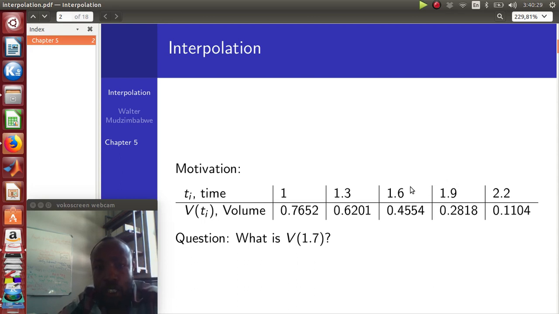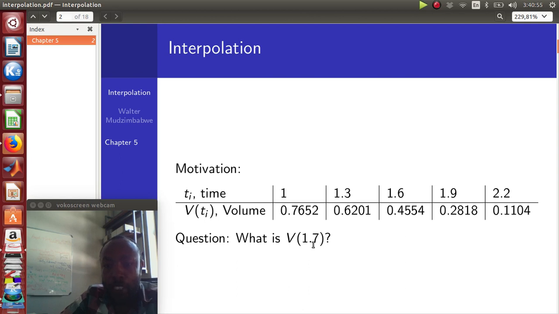We also have to make a distinction between interpolation and extrapolation. With interpolation, the point is between the times. As you can see, 1.7 is between 1 and 2.2, so that makes it an interpolation problem.